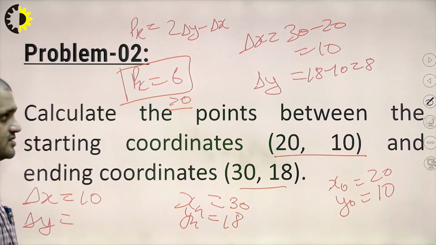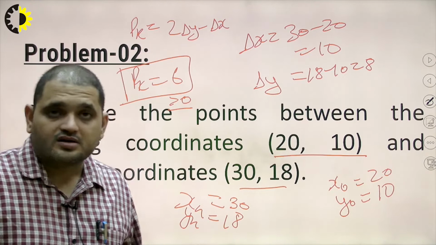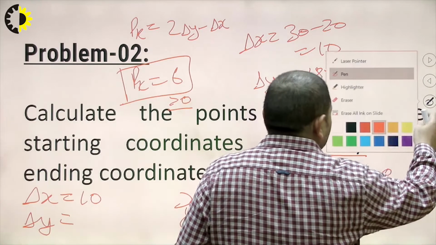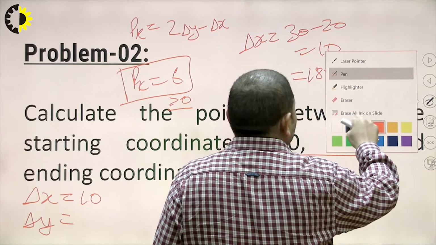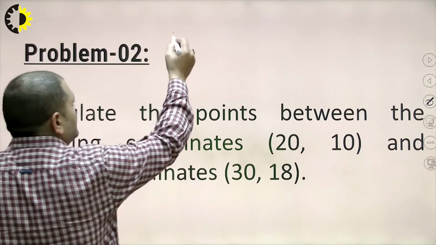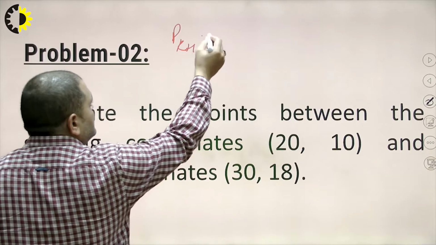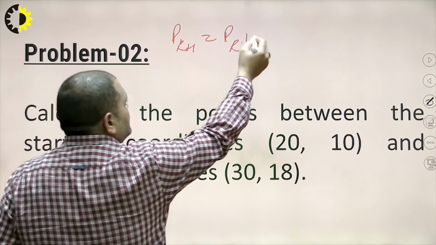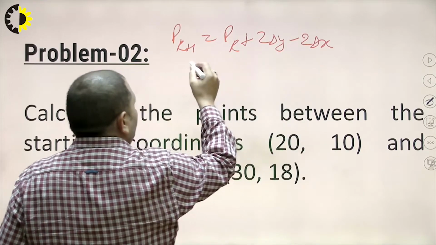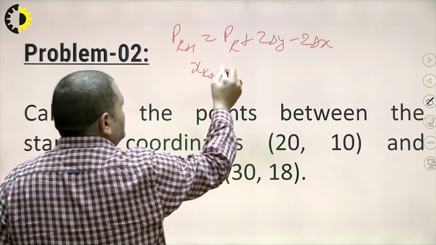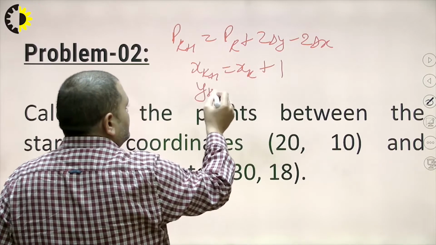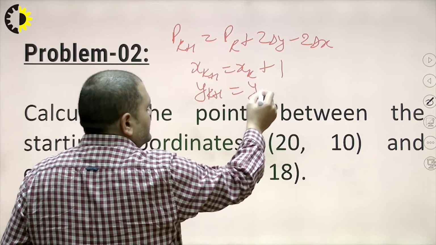Pk is greater than 0. If pk is greater than 0, then pk plus 1 will be equal to pk plus 2 del y minus 2 del x, and xk plus 1 equals xk plus 1, and yk plus 1 equals yk plus 1.